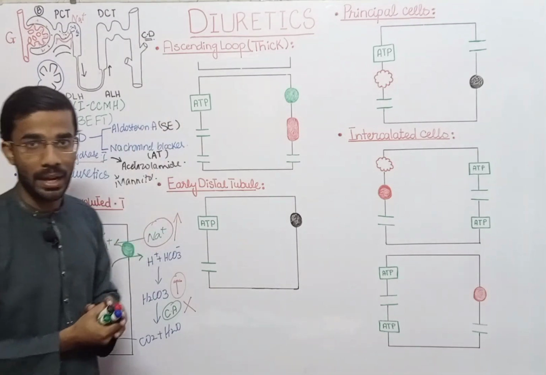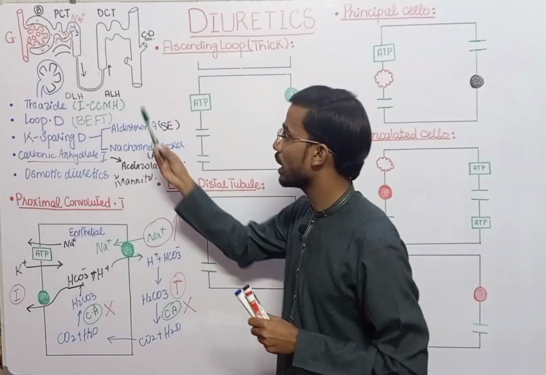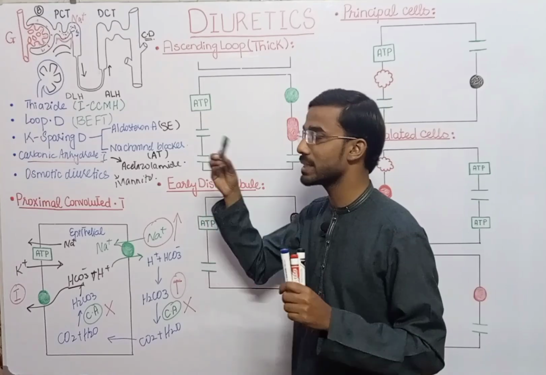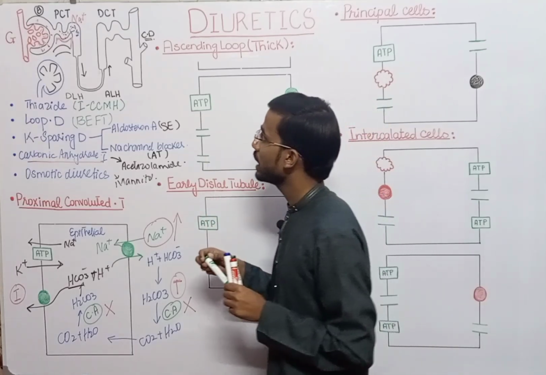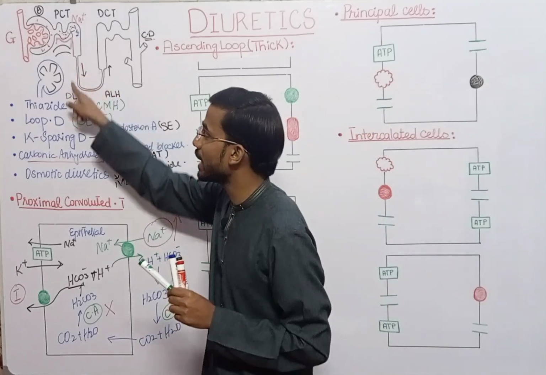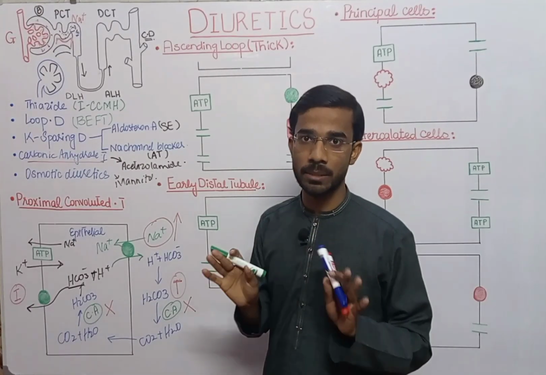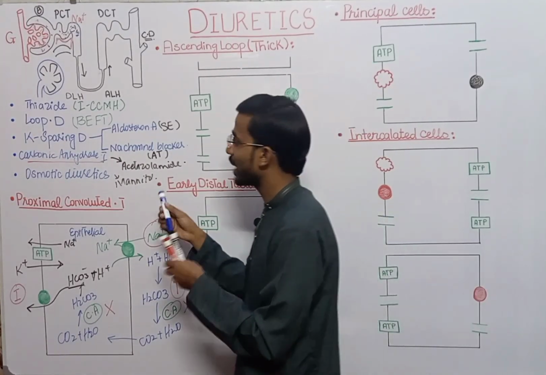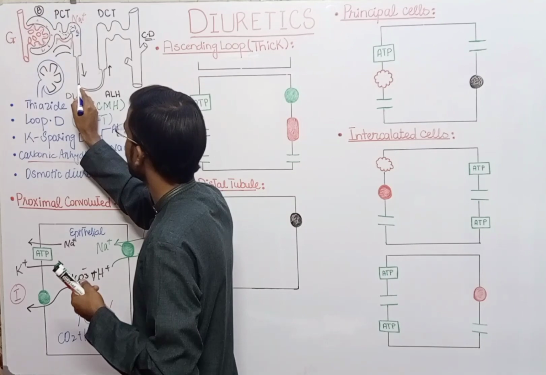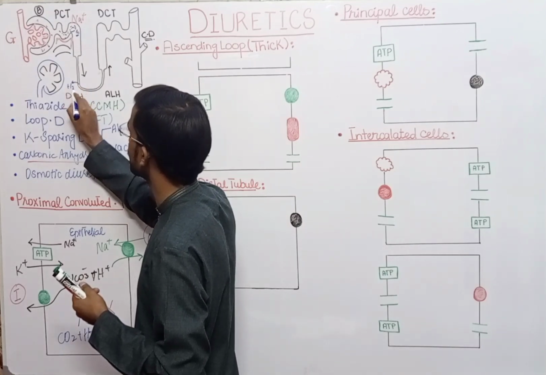Then the ascending loop of Henle. Before we discuss that, the loop of Henle has two components, descending and ascending. In the descending loop of Henle there is no particularly important process, just water molecules present in the tubule moving into the interstitial space.